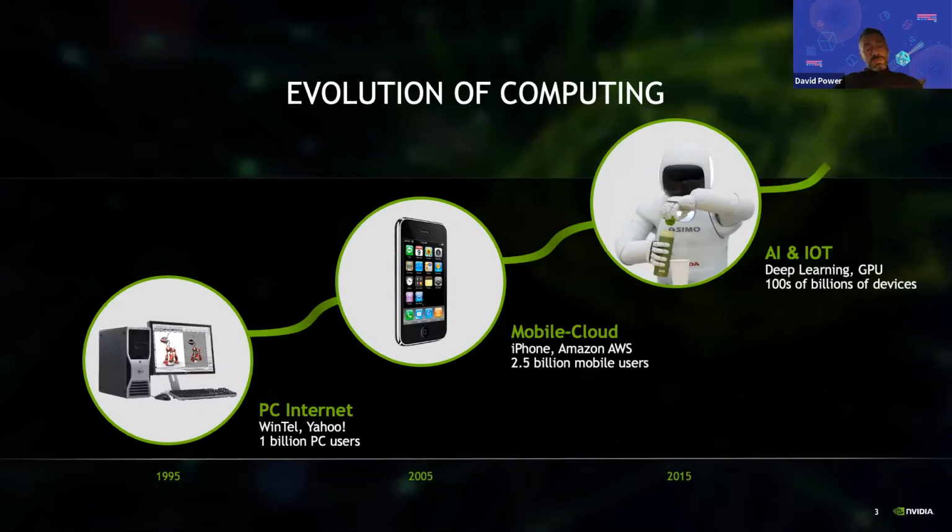To start with, I just wanted to paint a bit of a landscape picture of where we've seen computing come from and where we think it's going to go in the future. If you look at the evolution of computing, back in the late 90s you had the whole PC internet, where there were potentially around 1 billion users connected to the internet, forming the early stages of that. As we moved into the 2000s, mobile adoption started to significantly take off, and cloud services started to establish themselves.